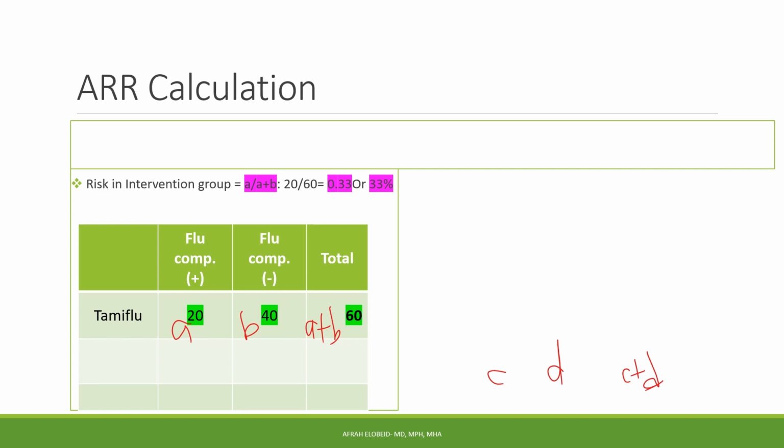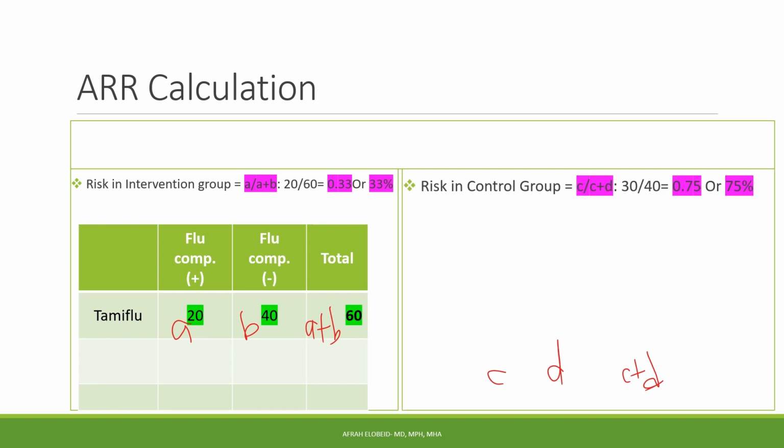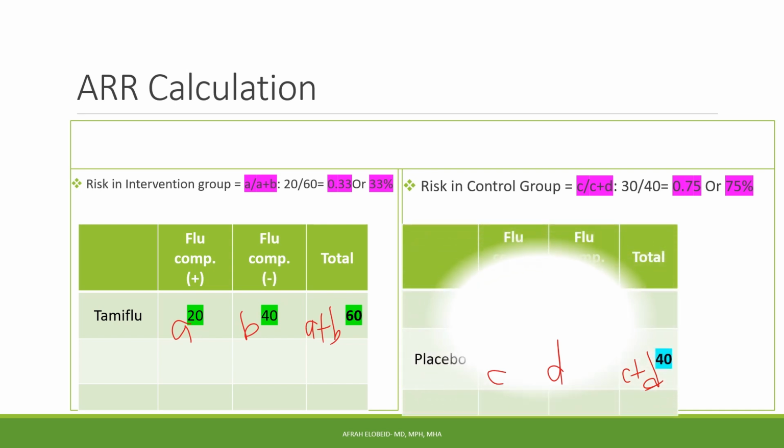We divide that by the total number of patients in the Tamiflu group, which is 60. 20 divided by 60 equals 0.33 or 33%. The same way, we go ahead and calculate the risk in the control group by dividing C over C plus D, which is 30 over 40, and the result is 0.75, equivalent to 75%.